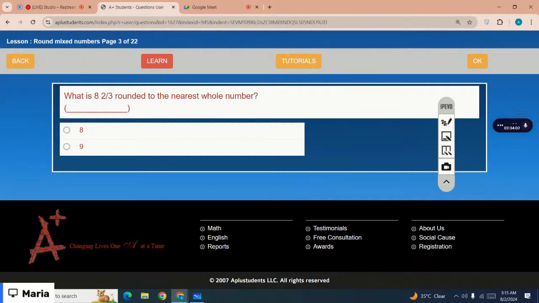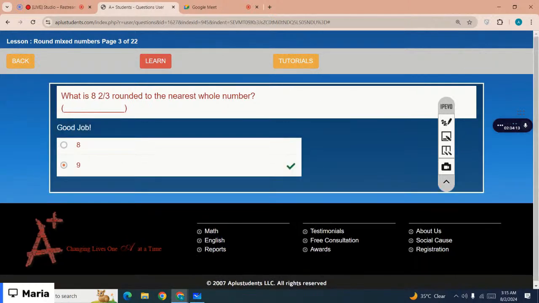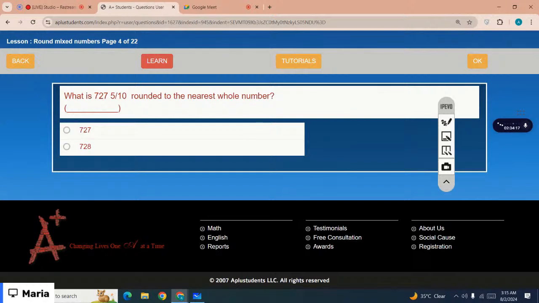2 over 3 is greater than half, right? So you need to round on the next whole number. That would be 9. Very good. The correct option is 9. Option number 2 is the correct option. Okay, what is 727 whole 5 over 10 rounded to nearest whole number?